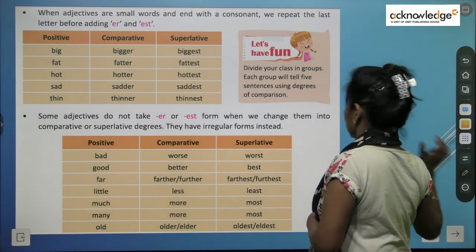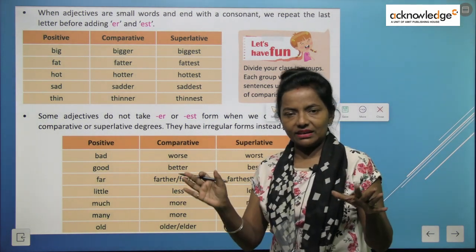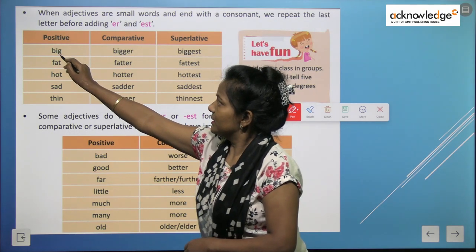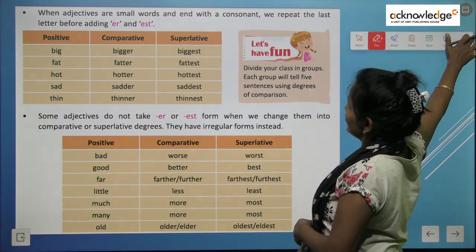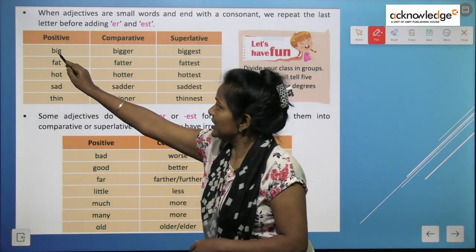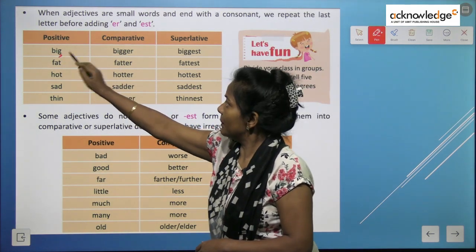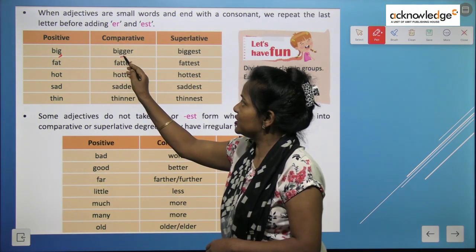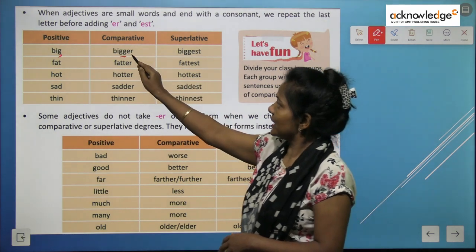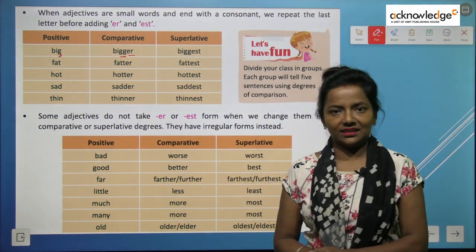Children, consonants you know, 5 vowels and the rest are consonants. So G is a consonant here. Okay, और इसको क्या करते हैं हम, we repeat the last letter. ये जो G आया ना, ये last letter है, इसको हमने repeat किया है. देखिए double G आ गया यहाँ पे. ओके, उसी letter को repeat करते हैं और उसके बाद हम er add करते हैं.